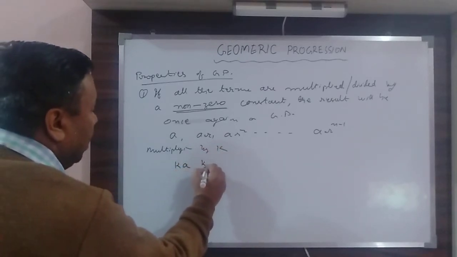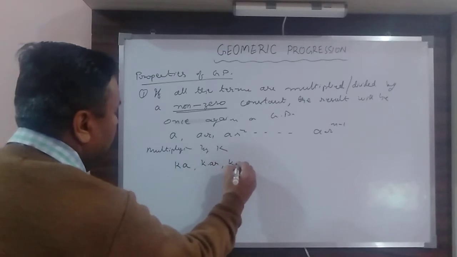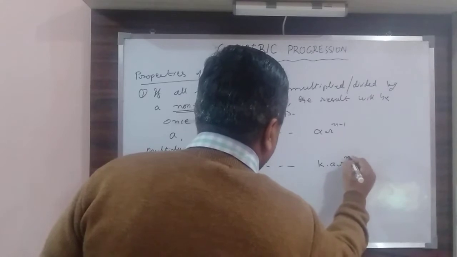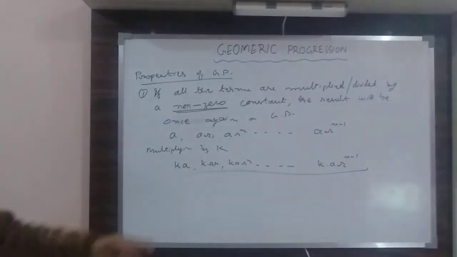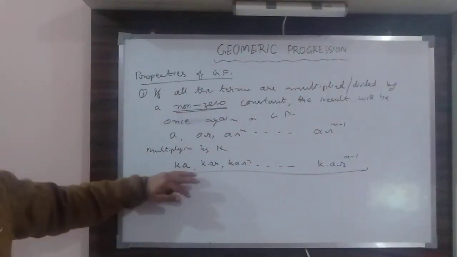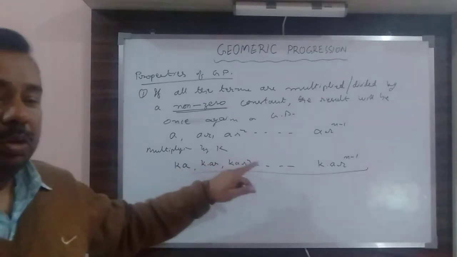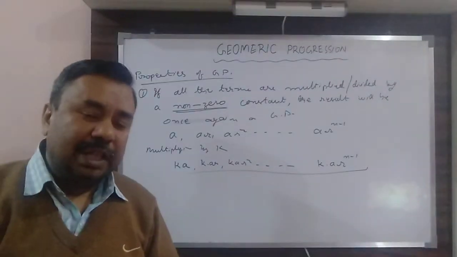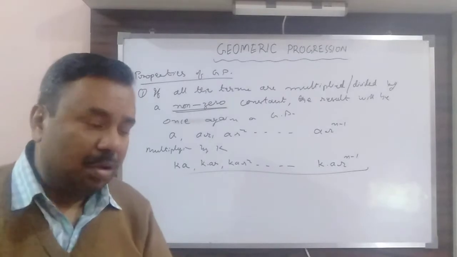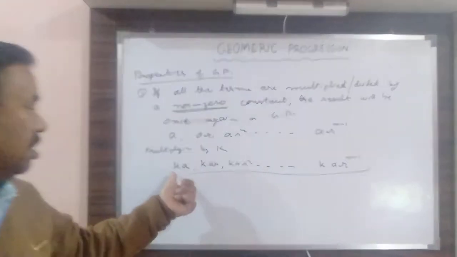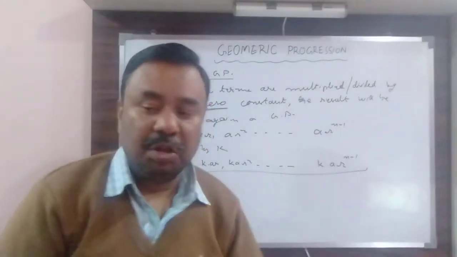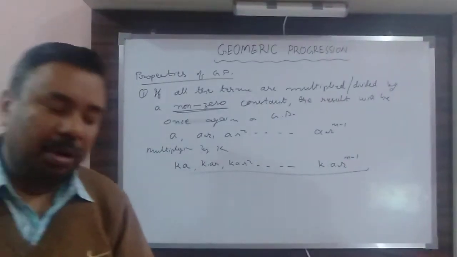KA, K into AR, K into AR square, and so on, and the last term will be K into AR raised to power n minus 1. Now you see, there is a first term KA and a common ratio of R. So this is also a GP. The common ratio remains the same, only the first term changes, and the new series is also a geometric progression.